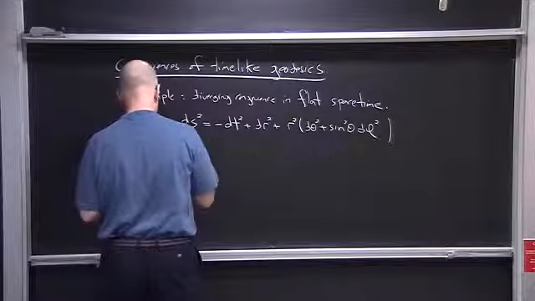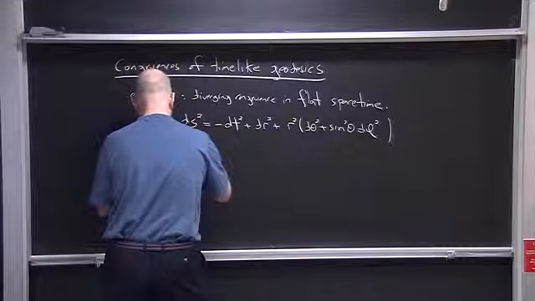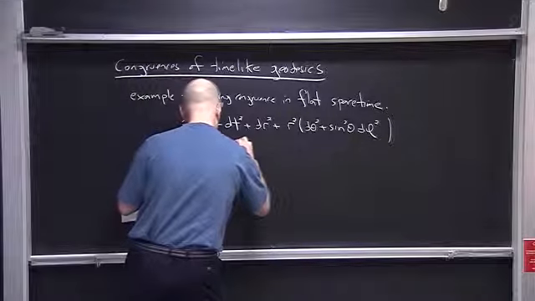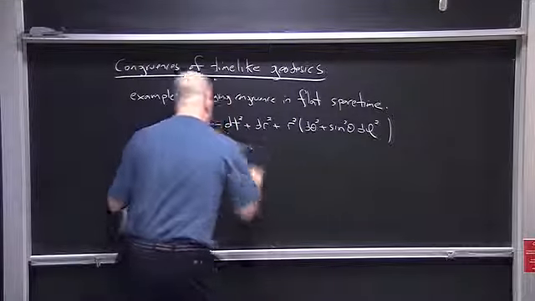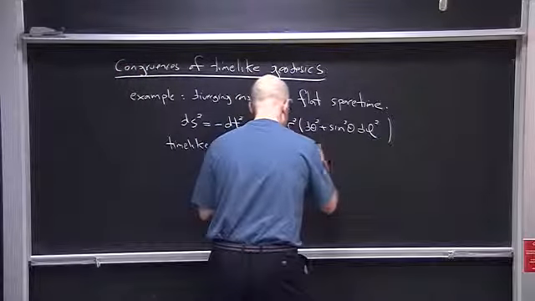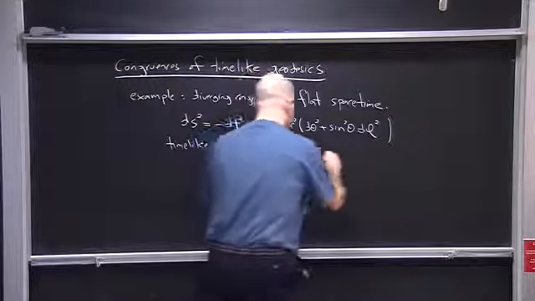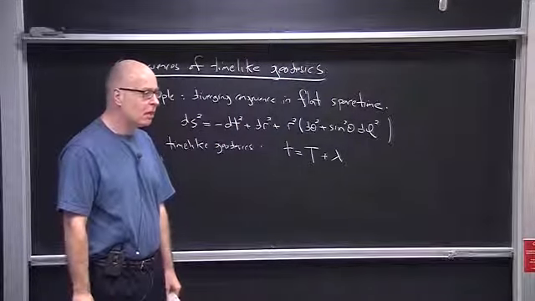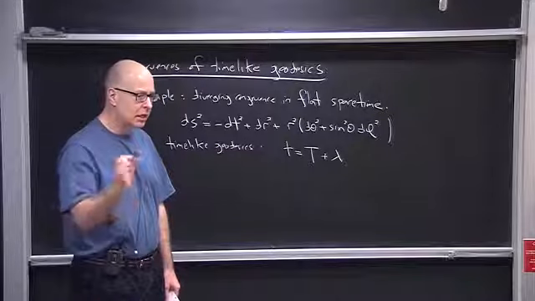And what I want to consider here is the family of time-like geodesics. And I'll just tell you what they are. So t is going to be some constant, capital T, plus the parameter along the congruence, which I'm calling lambda. And lambda is not going to be quite proper time.